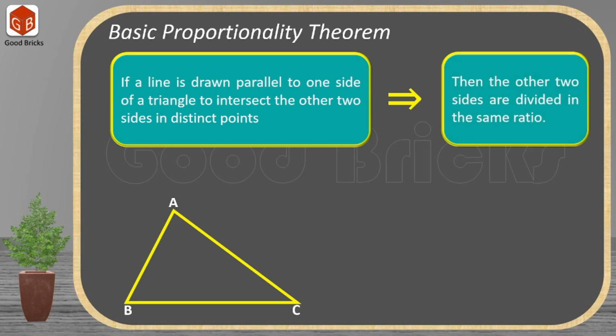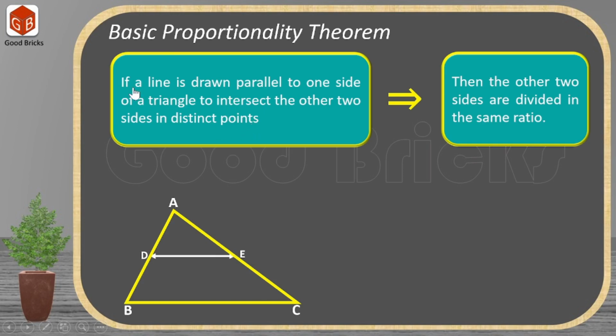Now, you want to understand this statement? Don't worry. See here clearly on the screen. You have triangle ABC. For this, you have three sides AB, BC, CA. Now, let us take this side BC. To this side, let us draw a parallel line, and that is what this statement is saying.